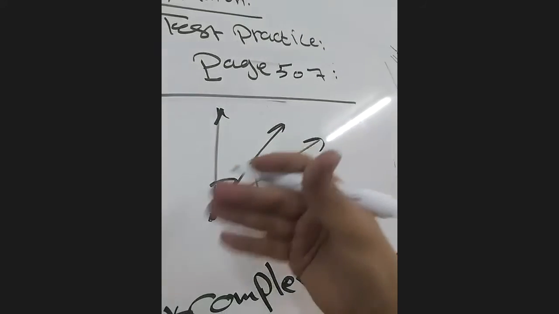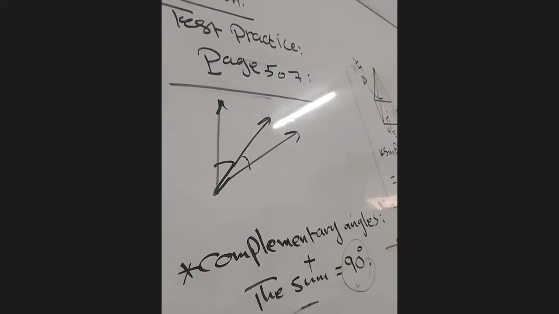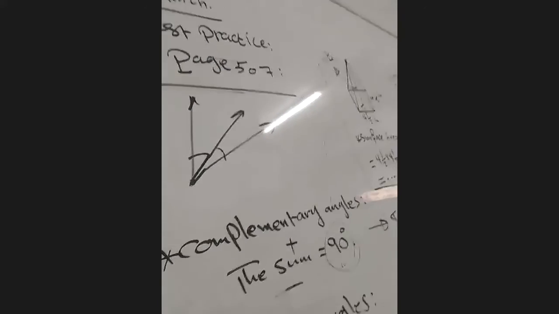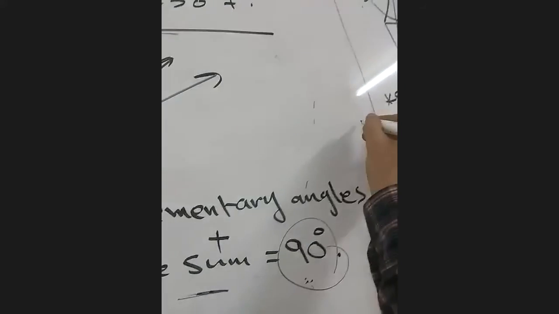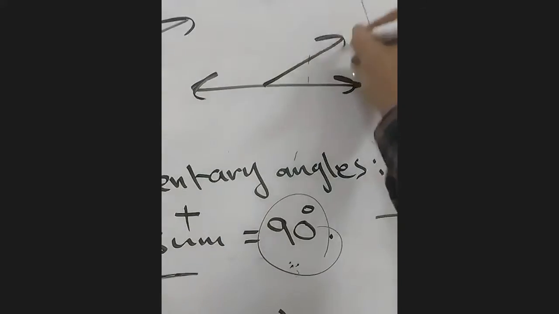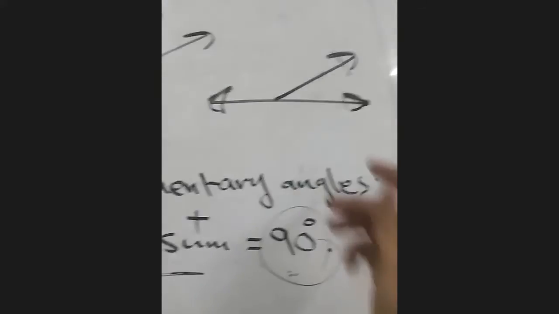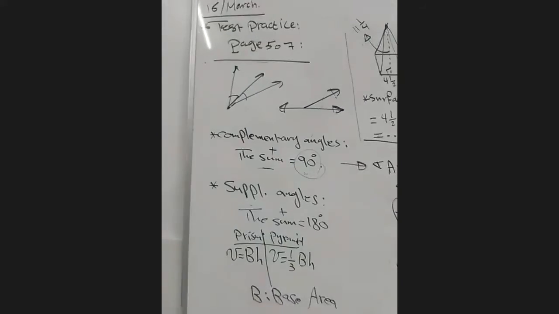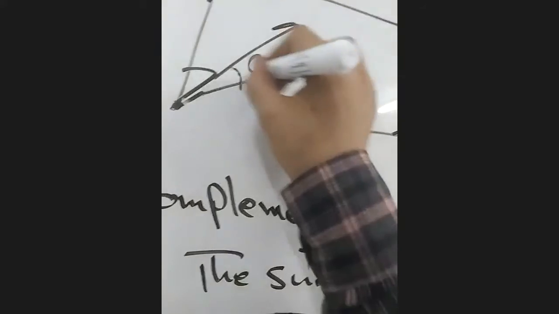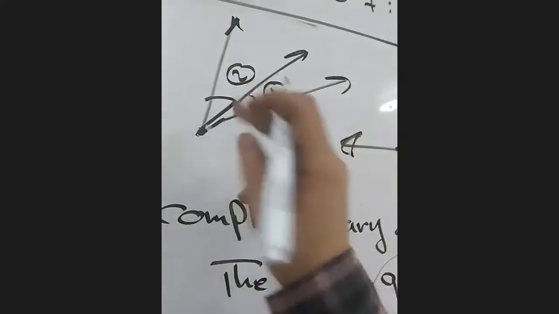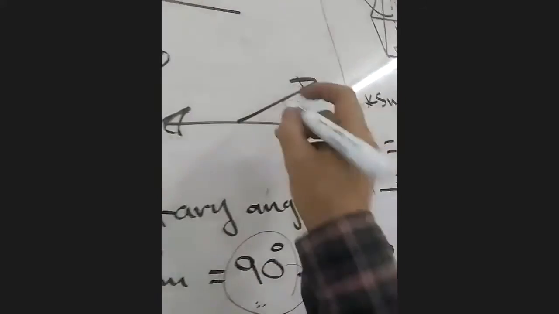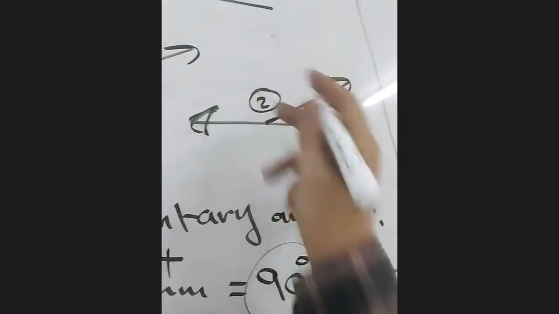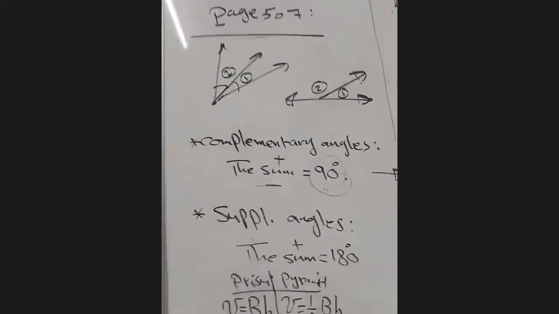These angles, we call them adjacent angles. Now we have cases for adjacent angles. This one is a case, and this one here is another case. Angle 1 and angle 2, we call them adjacent angles.